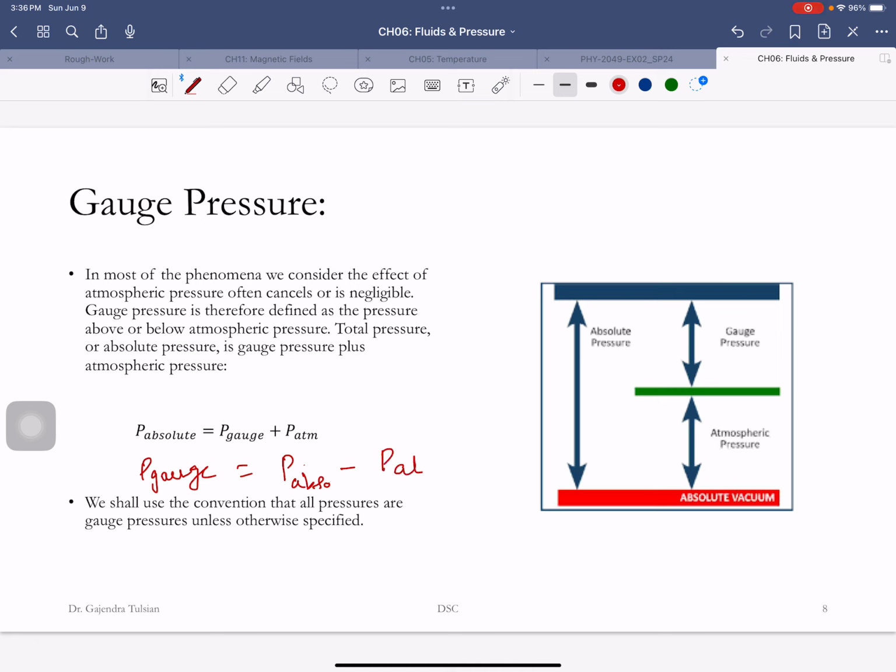We shall use the convention that all pressures are gauge pressures unless otherwise specified. In most medical applications, you're always quoting gauge pressure.